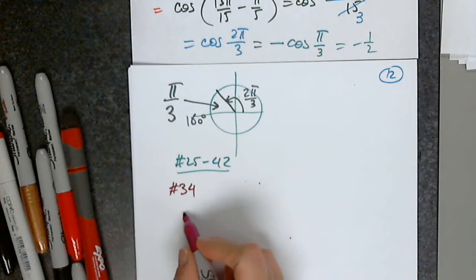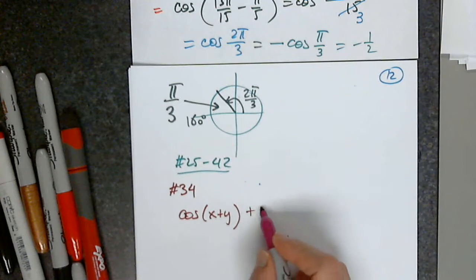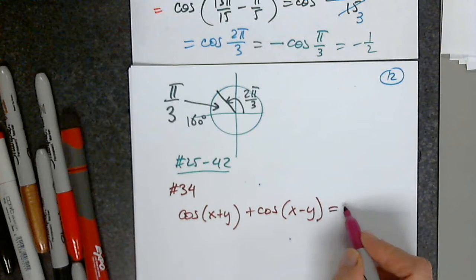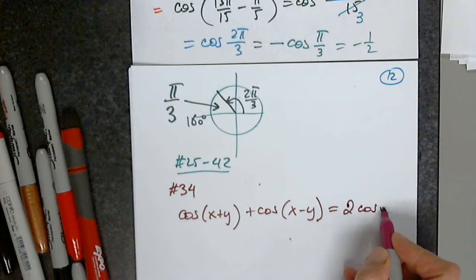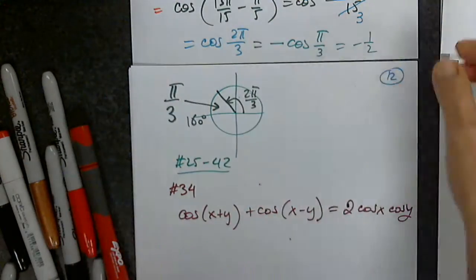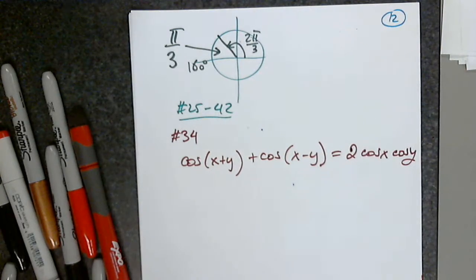In 34, we have cosine of x plus y plus cosine of x minus y, and they say it equals 2 cosine x cosine y. Now let me draw your attention to something that I sometimes see.